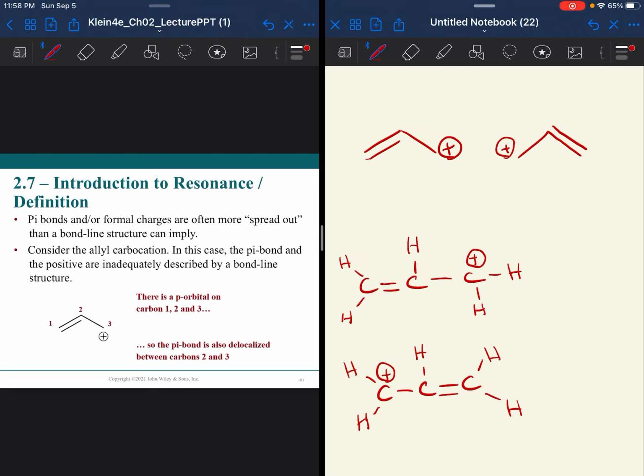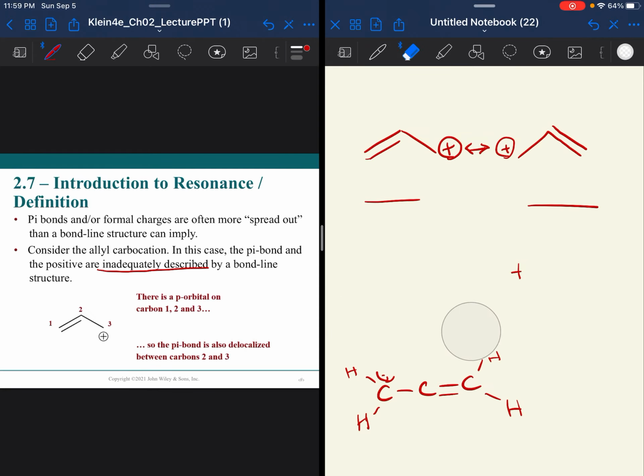And what we learn when we study molecules like this is that neither one of these structures is perfect by itself, but in reality, it's a hybrid of the 2. And so you'll hear that word periodically, a resonance hybrid. It's inadequately described by a bond line structure. Neither one of these 2 structures is exactly right.